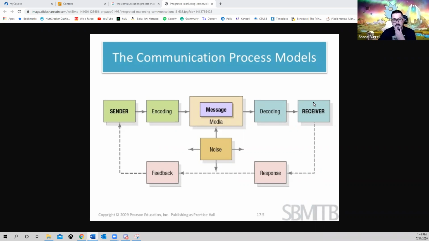A channel is defined by your book as the means by which the message is communicated. You see this box here where it says media. Media is the plural of medium, and a medium is essentially the way that something is being communicated. There's always a medium in some form. That's what the channel is. Right here is where you're going to understand what the channel is. It could be a video, like right now, listening to the video, playing and pausing it. That's a form of a medium or channel.